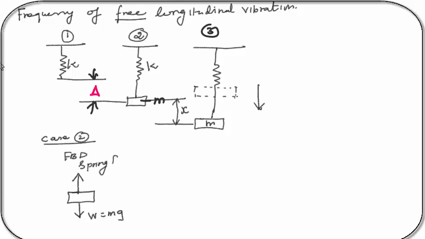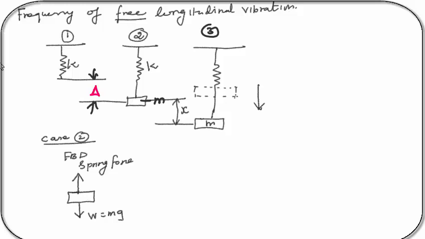Because of the spring, it tends to pull the entire mass in the upward direction, whereas the weight tends to pull the mass in the downwards direction due to gravity. This system is a static system because it is in equilibrium condition. The mass creates weight acting downwards, and the spring force is pulling the entire system in the upward direction.